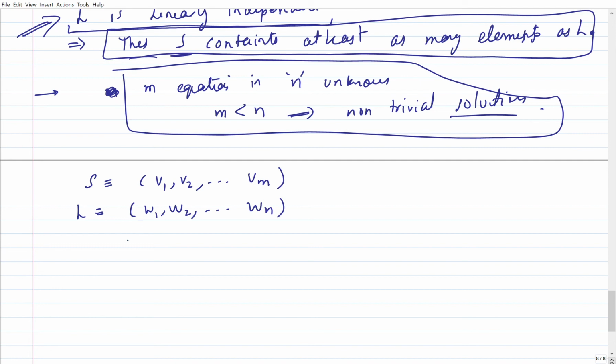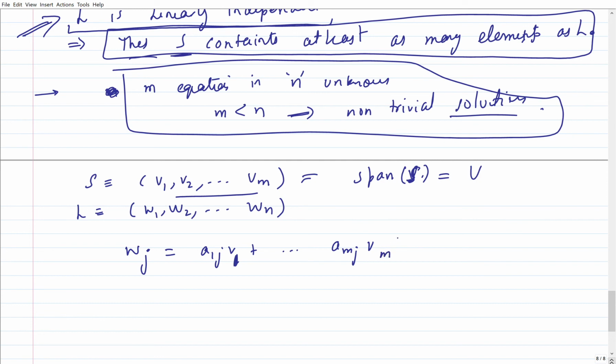Now I can always express any element wj of the set L through a linear combination of vectors from S, because S spans the vector space V. So the span of S is equal to V. So I just write down my linear combination over here.